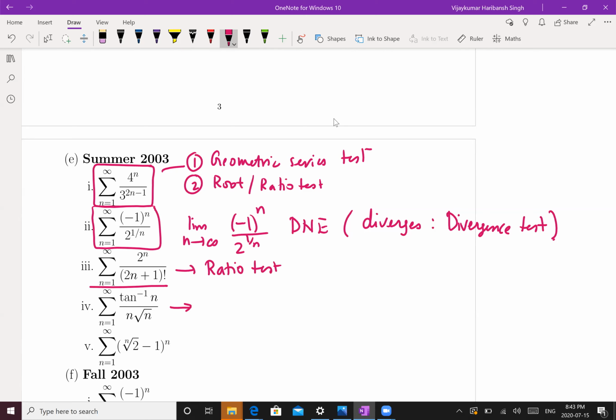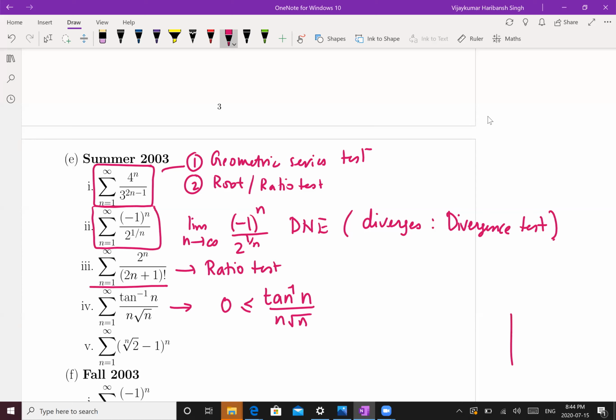Here we can use, well, one way to see that is the following. You should notice that tan inverse of n over n square root of n is greater than or equal to 0, right? What is tan inverse of n as n goes to infinity?